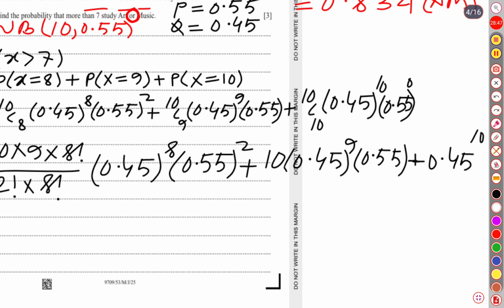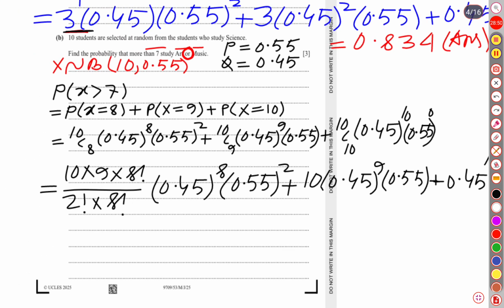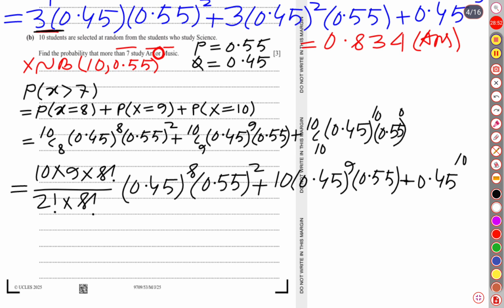Now if we simplify more, 8 factorial can cancel out the other 8 factorial. 90, if 90 is divided by 2, it is going to be actually 45. So using our calculator, we will get 45 into 0.55 raised to 8.